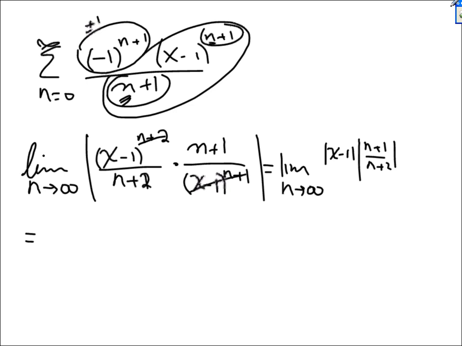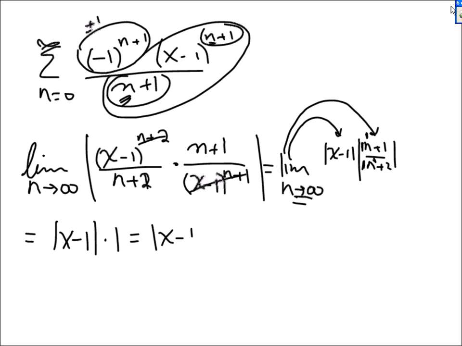That is, the limit of this doesn't care about n. Doesn't care that n is going to infinity. It's just x minus 1. And the limit of this is 1. Whenever the degrees are the same, divide the numbers in front. In our case, they're understood to be 1s. 1 over 1 is 1.